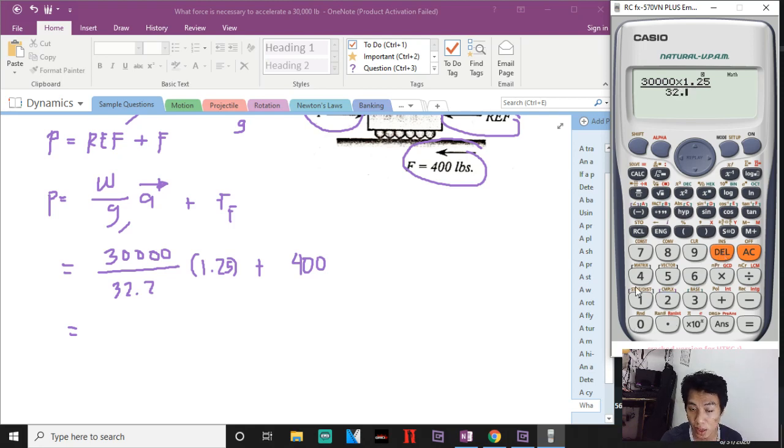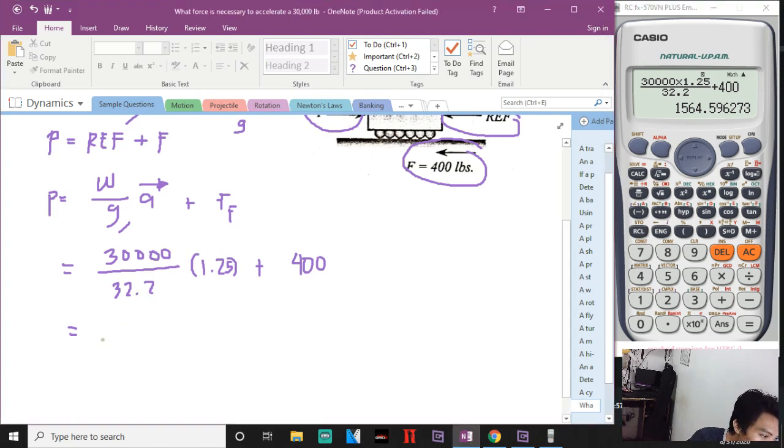Pero pag solving sa atin, 32.174. Okay? Plus na lang natin ng 400. So, the pushing force na kailangan mo to counteract is 1,564.968 pounds. Yan yung kailangan.